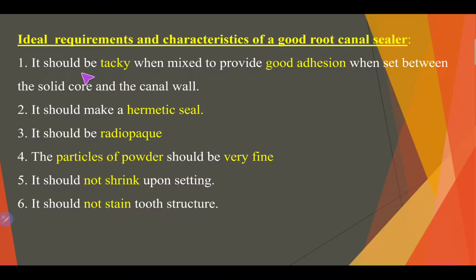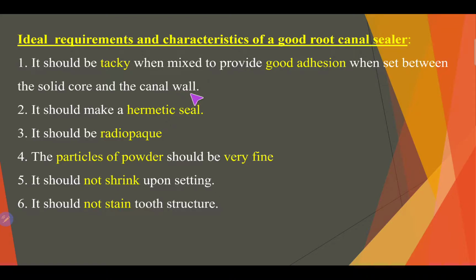First thing, it must be tacky, and when we mix it, it must provide good adhesion when set between the solid cores and the canal. What's the meaning of tackiness? Tackiness means that it is sticky. Why? To have the ability for good adhesion, to adhere the cones together and to adhere the cones to the wall.